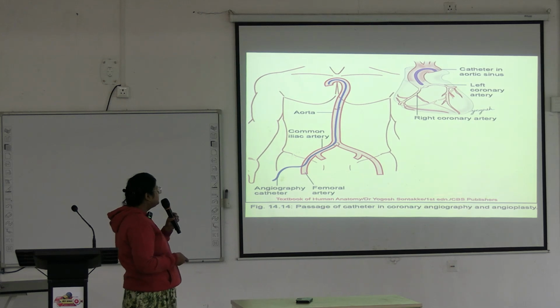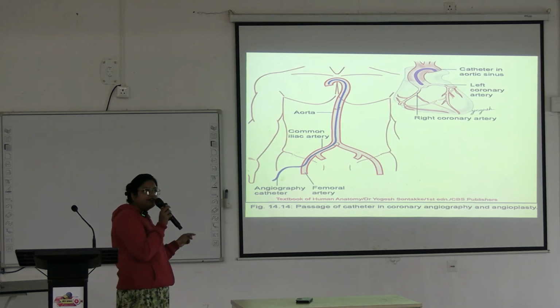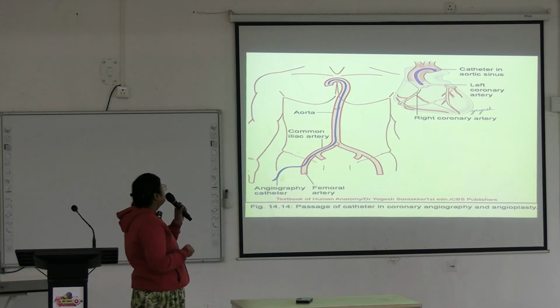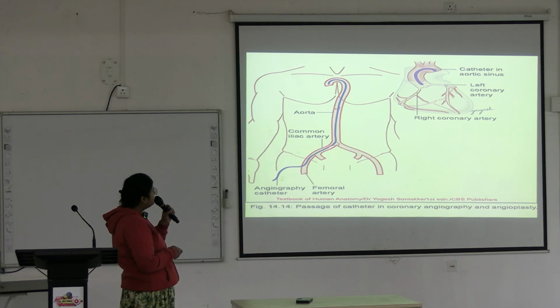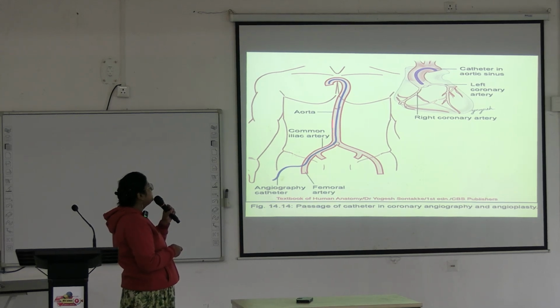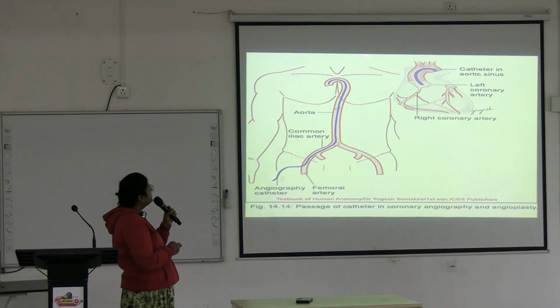Next we go to coronary angiography and angioplasty, very frequently done. You have to place the catheter through the femoral artery. Femoral artery is continuation of external iliac artery, then pass through the external iliac artery, then common iliac, then through the descending abdominal aorta, through the thoracic aorta, arch of aorta, enter into the ascending aorta.